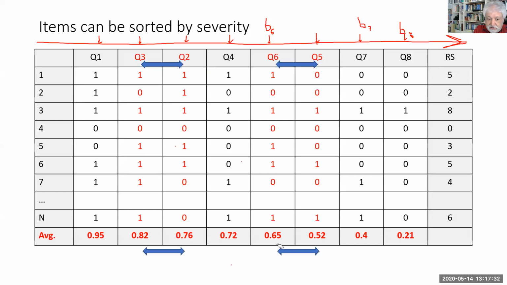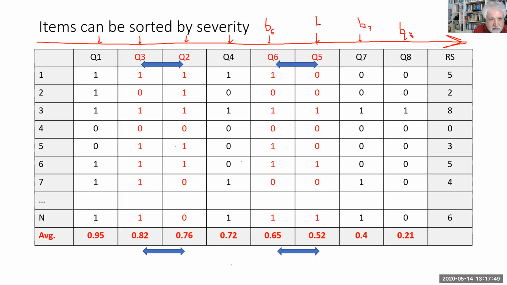And the answer is correct in the sense that it is a position between the severity of the 6th item and the severity of the 5th item.